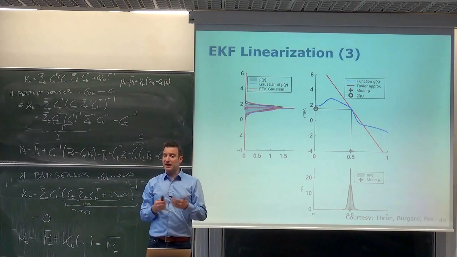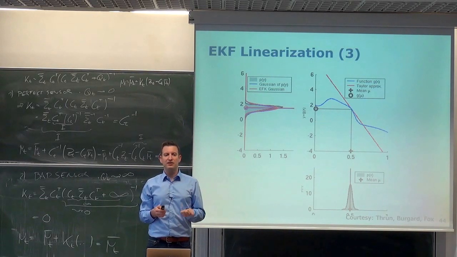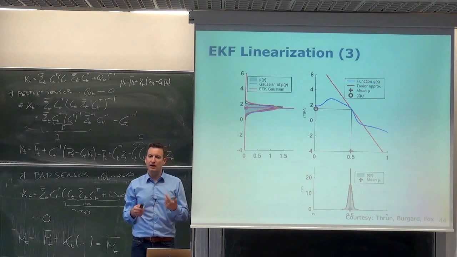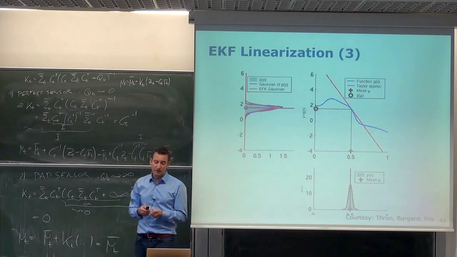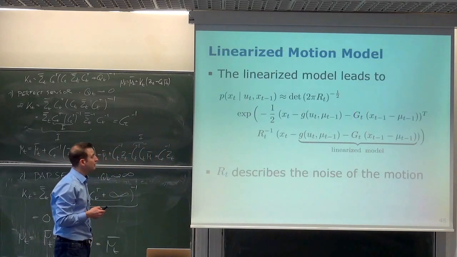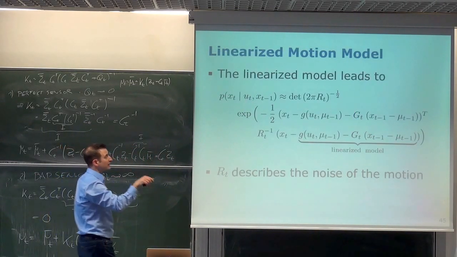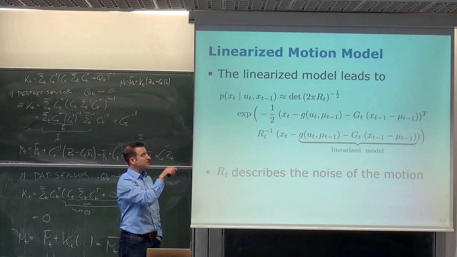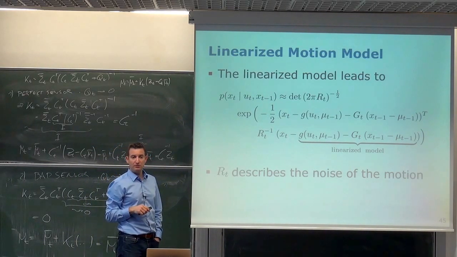So, given that I now have the linearized form of my observation model and the linearized form of my motion model, I also need to specify the linearized motion model and observation model. My linearized model should still be a Gaussian distribution, as it was before.